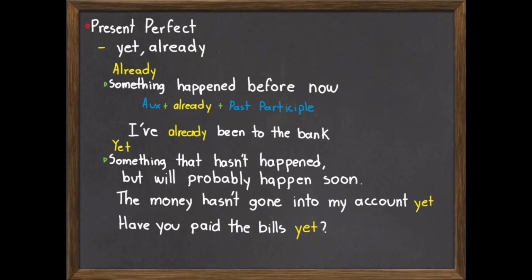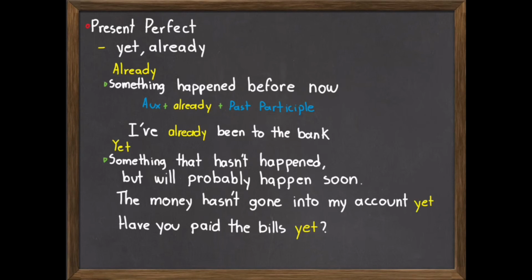Here are two examples of sentences that use yet. The money hasn't gone into my account yet. Now, this would be a negative sentence, and it would indicate that the action has not happened, but will probably happen soon. Now, in the second sentence, have you paid the bills yet? That's a question.